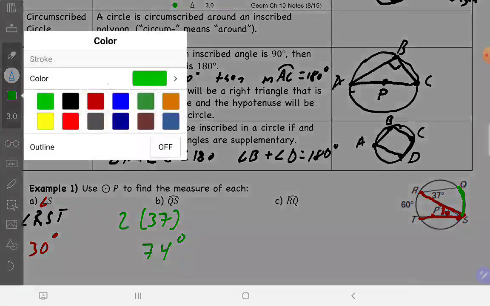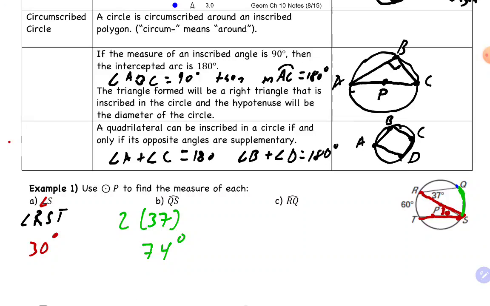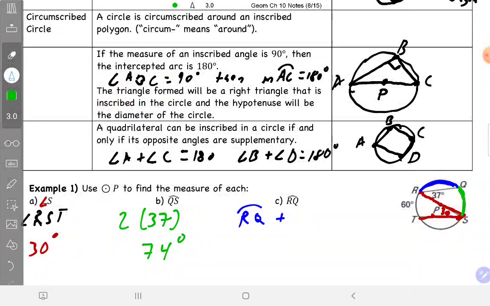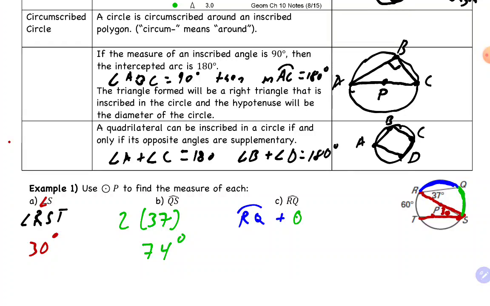RQ. Okay, how do we find RQ? Okay, we know that blue plus green is equal to 180 degrees.